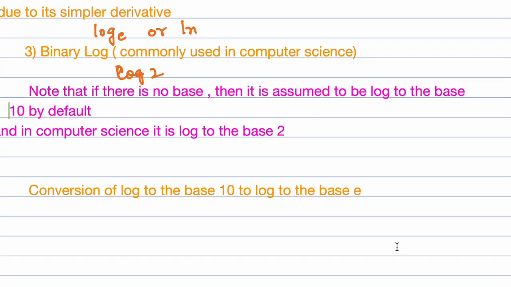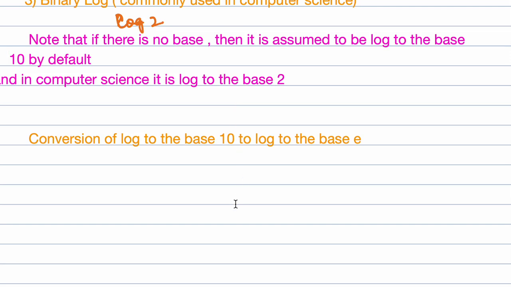Now if you see the log tables, they are with log to the base 10. So sometimes, if we are using the log table and we are using the natural log, we need to convert base 10 to base e, right? So what is that conversion? Suppose I have log to the base e of some number, let's say 54. So you have to multiply it by 2.303, and that will be converted into log to the base 10.